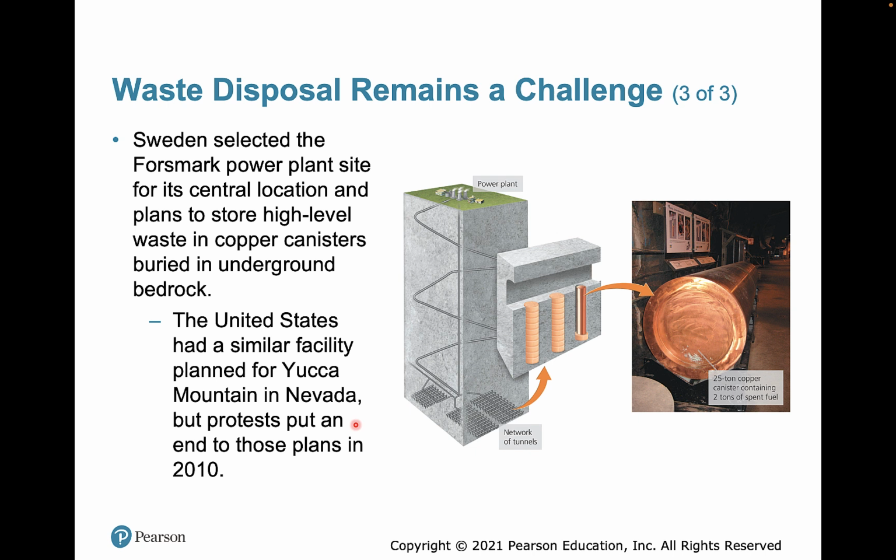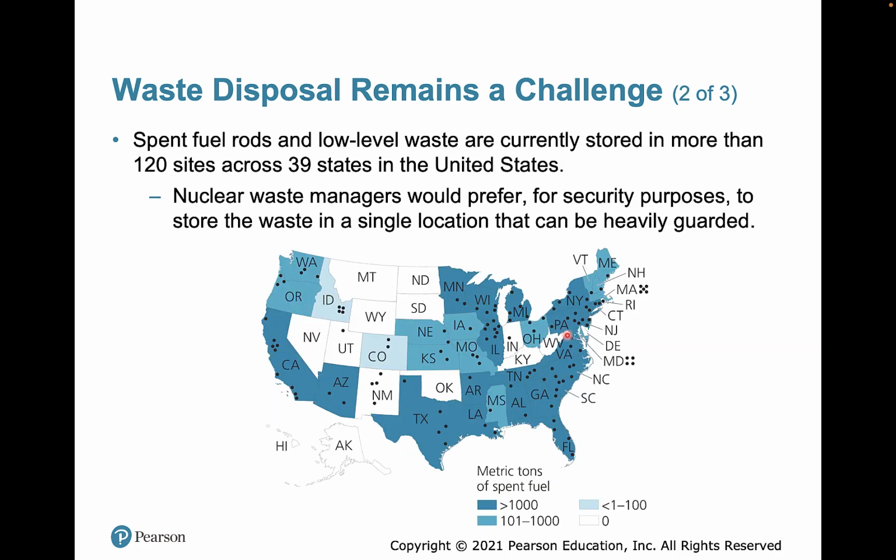We had a facility planned. They were still debating it when I started teaching, close to 25 years ago, at a place called Yucca Mountain in Nevada, but people didn't want that in their neighborhood, a high-level nuclear waste dump, essentially, in their yard. And then there were a lot of issues related to the transportation of that nuclear waste from all of these sites to Yucca Mountain in Nevada.